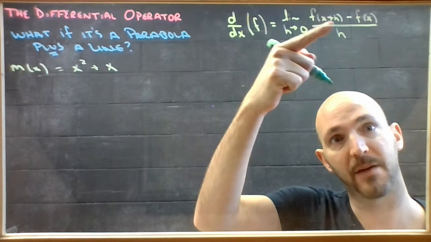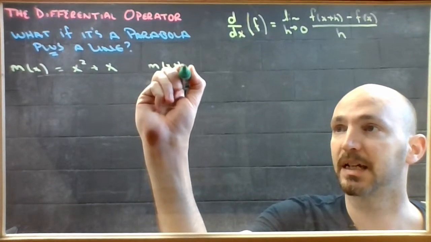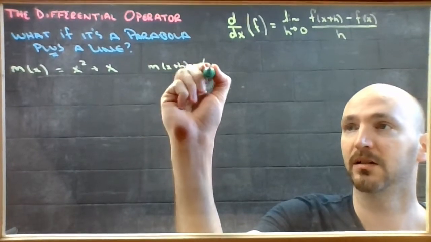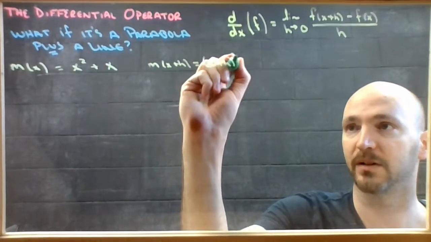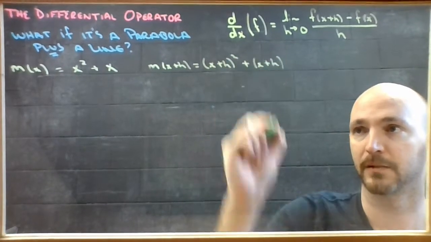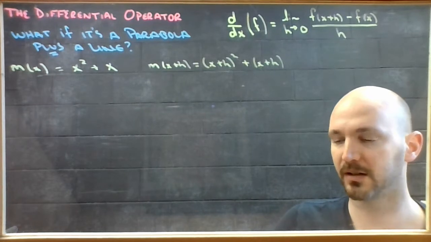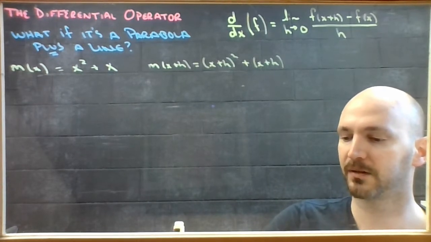Well, I'm going to need m at x plus h here. So m at x plus h would be x plus h squared plus x plus h. So I'm going to drop that into my differential operator up there, and I'm going to see what happens.